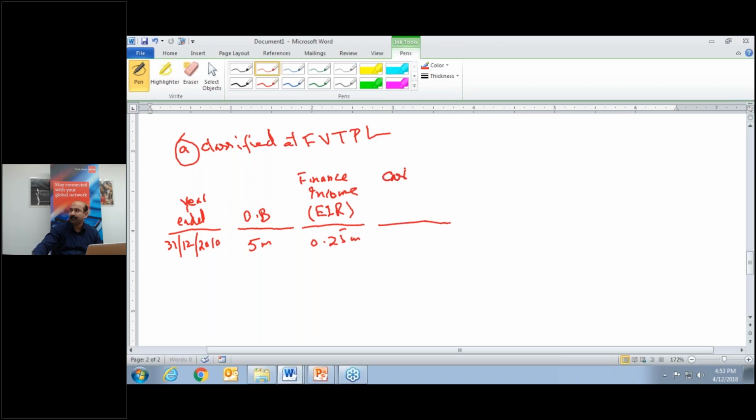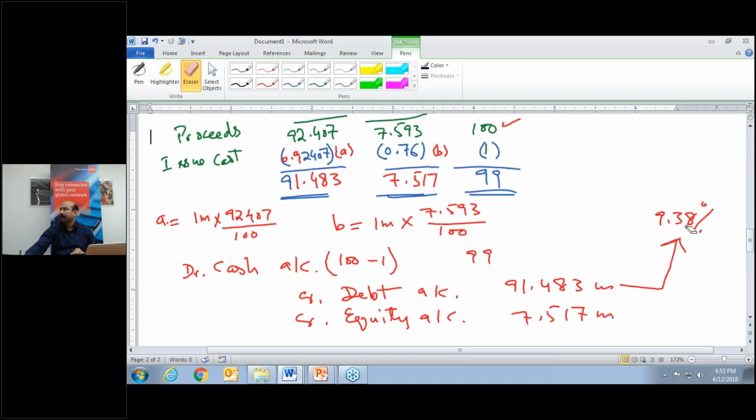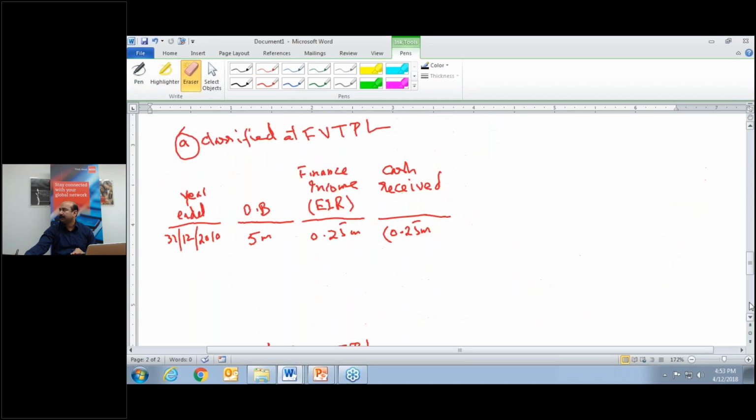And cash received will be calculated by multiplying the coupon rate of interest with the face value, 5 million, so again this will give us 0.25 million.